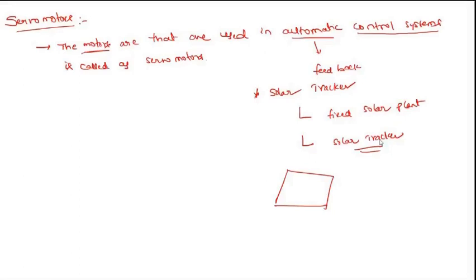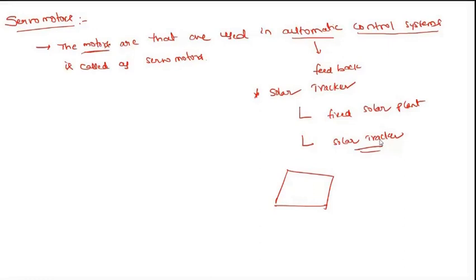That is the best example of the servo motor, in the solar tracker. Now why they go for the solar tracker is that it gives maximum efficiency compared to the fixed solar plant. In the fixed one, the solar panel cannot move. Only at around 11 to 12 do we get maximum efficiency. But with the solar tracker, you get maximum efficiency the entire day, because the sunlight and the solar panel are always perpendicular to each other.